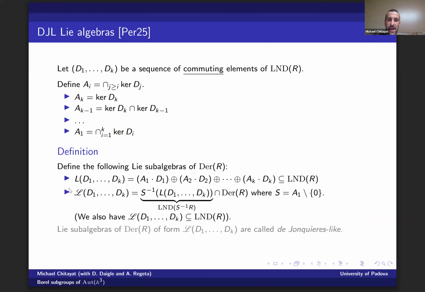Again, you check that this is a Lie algebra and it's also contained in the set of locally nilpotent derivations of R. And it's easy to see that this curly L contains this straight L, and Lie subalgebras of this form are called de Jonquières-like Lie subalgebras.